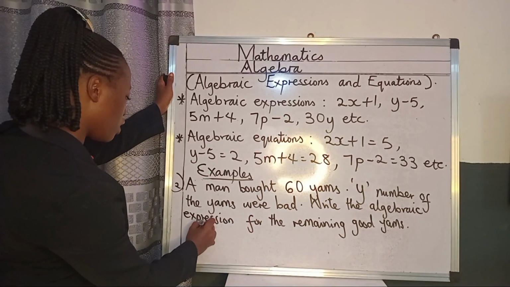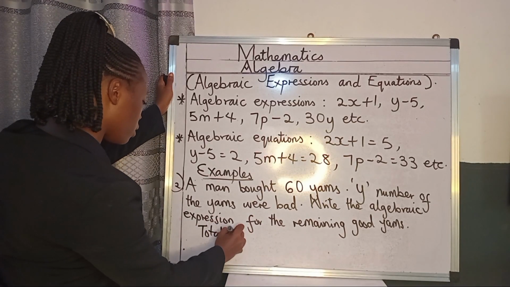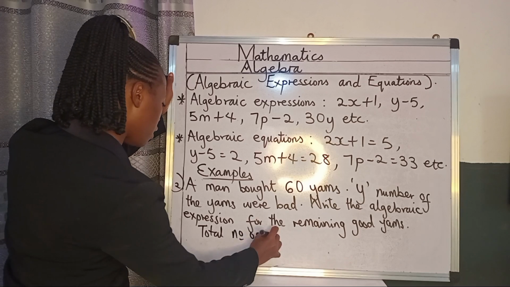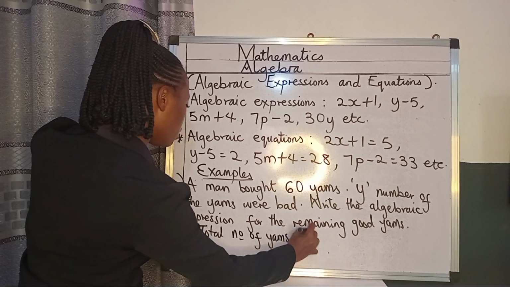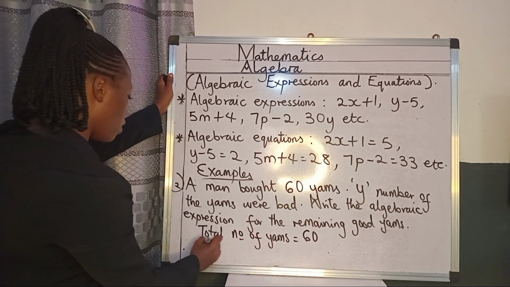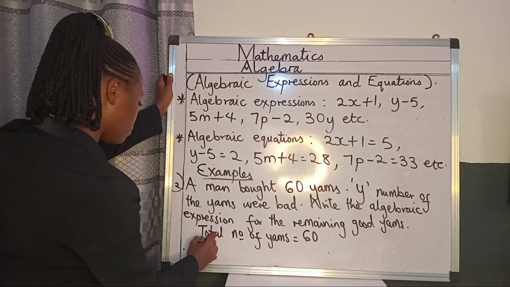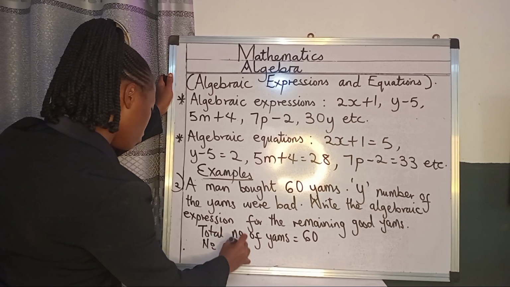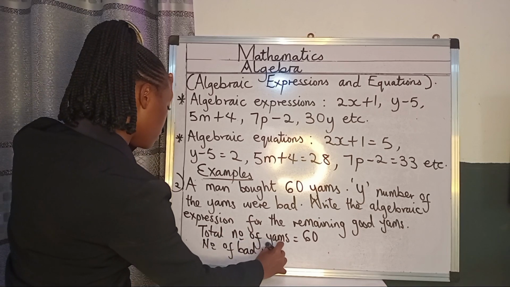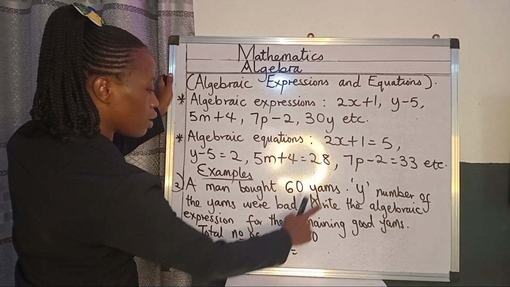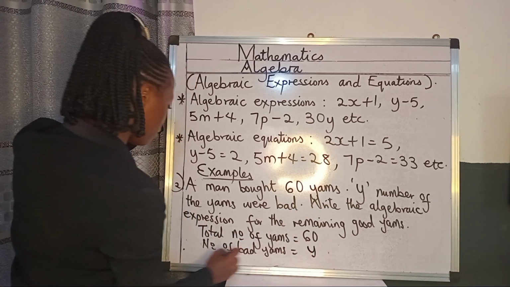Remember, the total number of yams is 60. The number of bad yams is y.